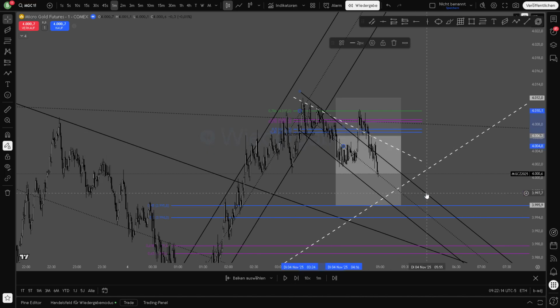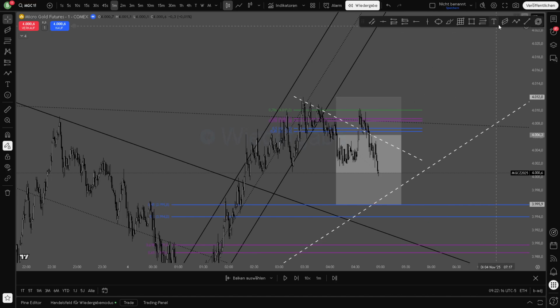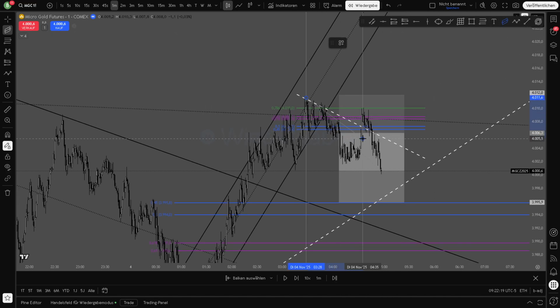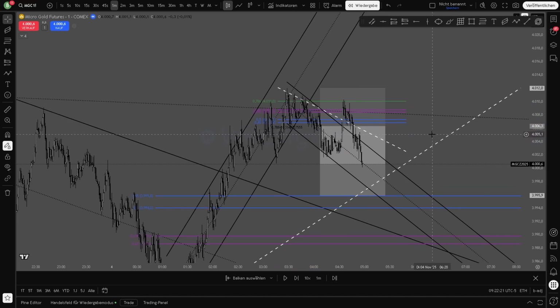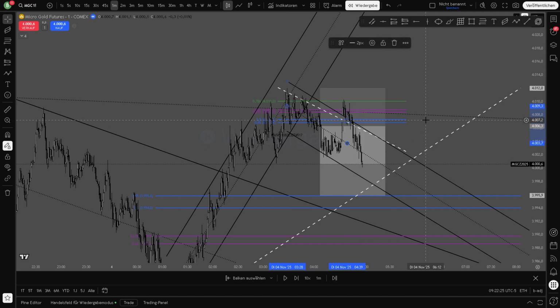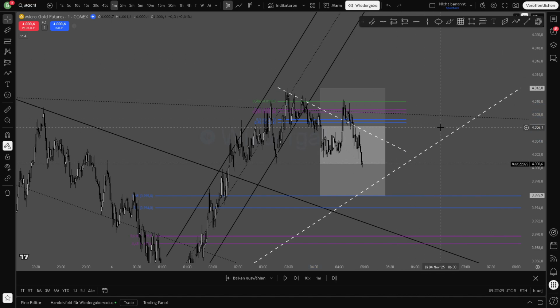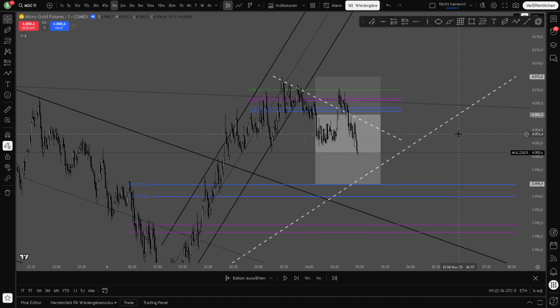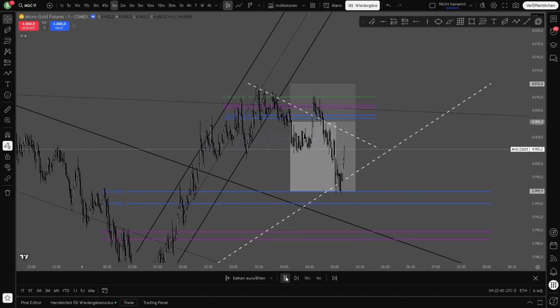Then after we made that lower low, this is our new trend. I put my stop loss about here, about at the upper limit of that trend, and we hit that, and then we pushed right up into it.